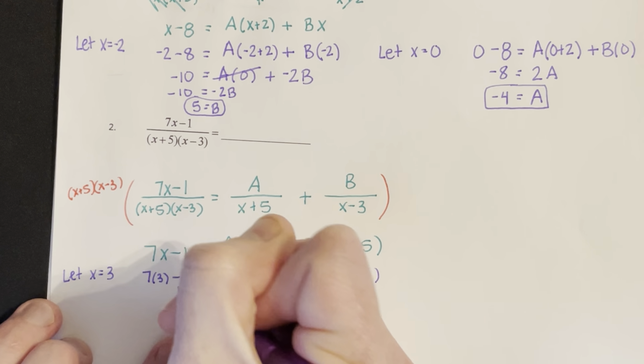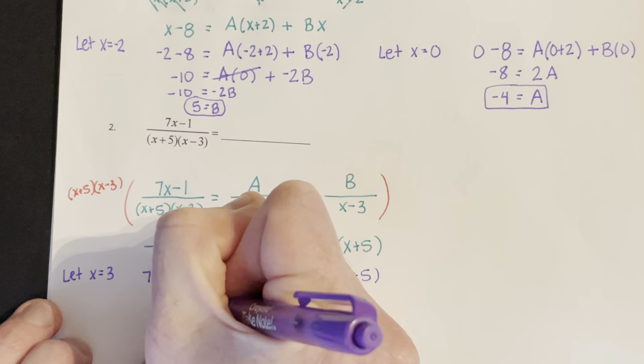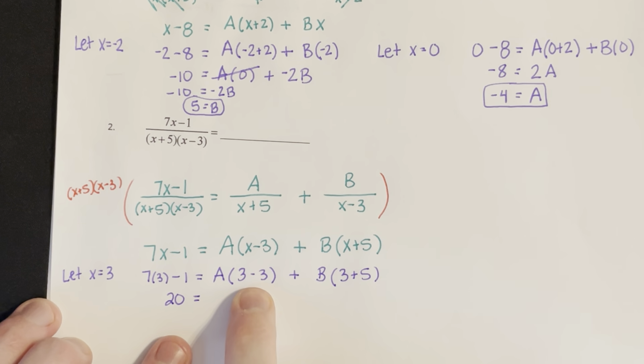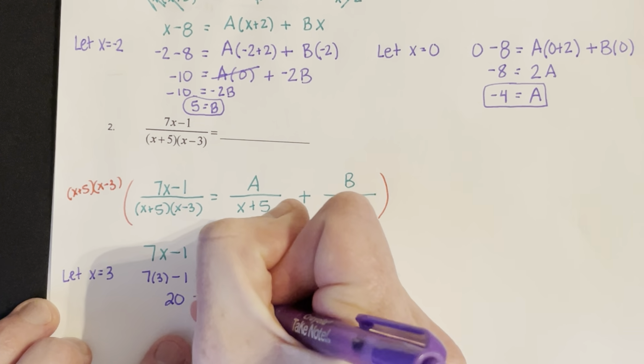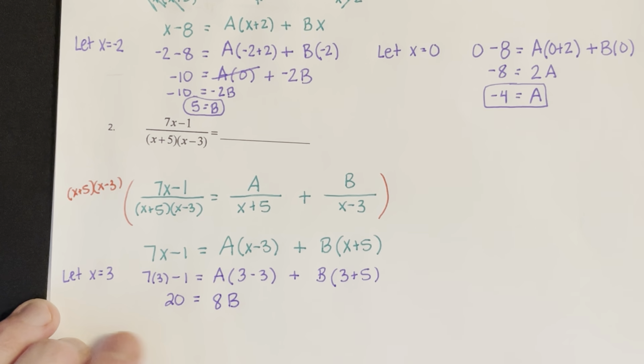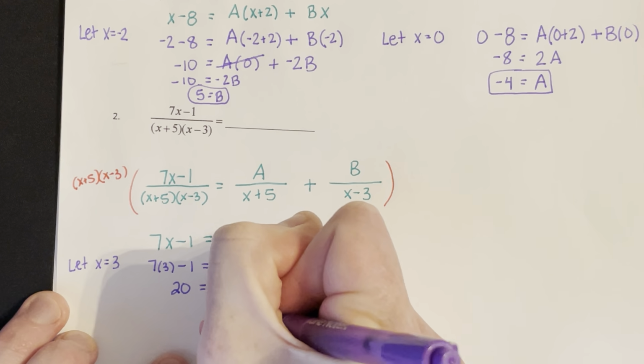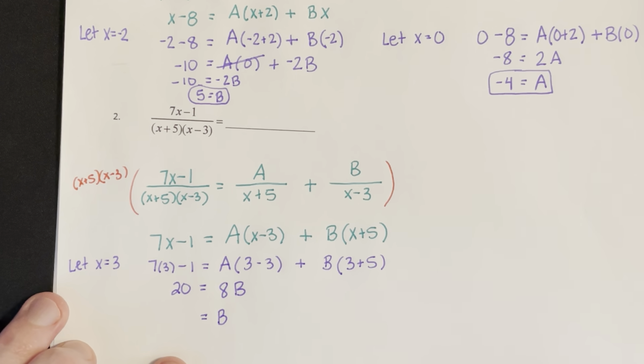That's 21 minus 1 is 20. 3 minus 3 is 0, so a times 0 is just 0. And b times 8 makes that 8b. When we're solving this out, I'm going to divide by 8, but I get 20 divided by 8.